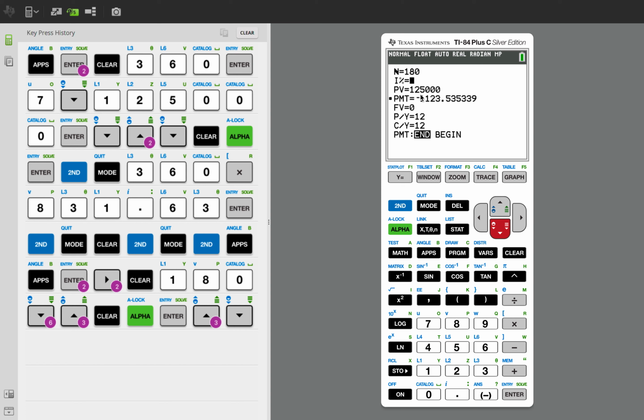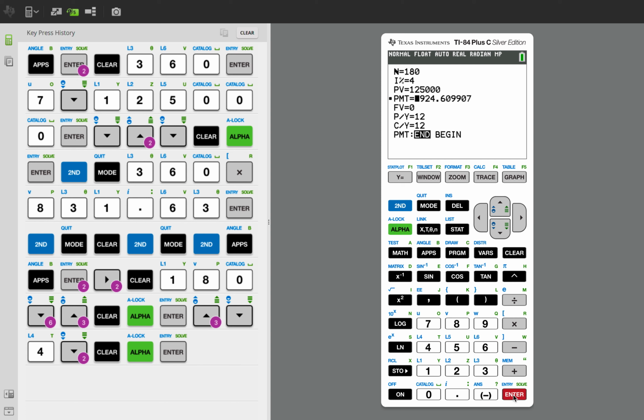I wonder what the payment we would make on a 4% loan would be. So change the interest rate to 4 and go back down to payment and alpha solve. So for 4% interest, you can get this loan for only $924 a month.